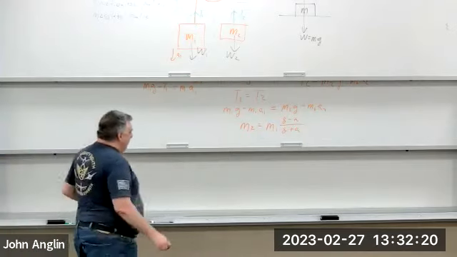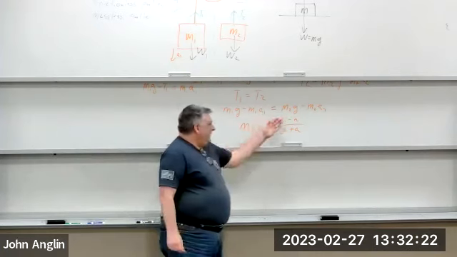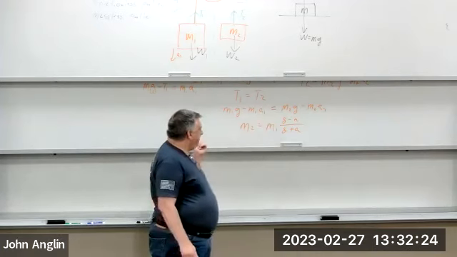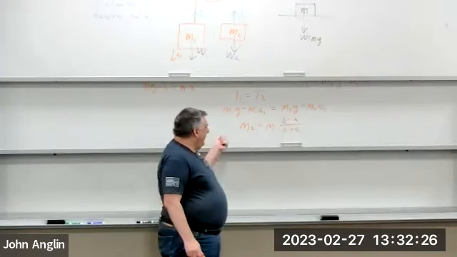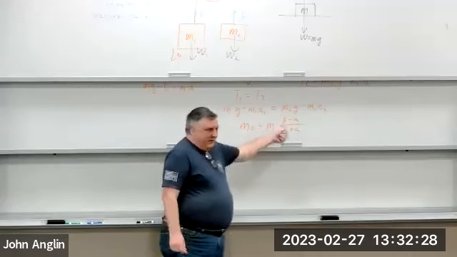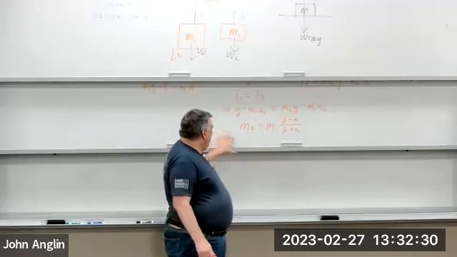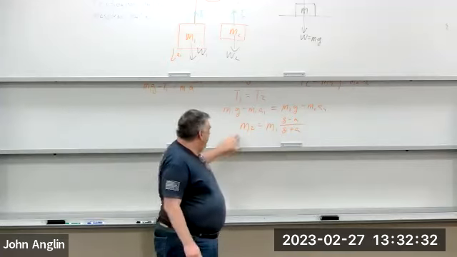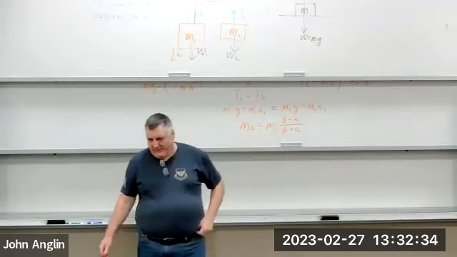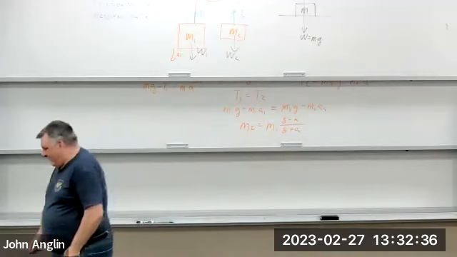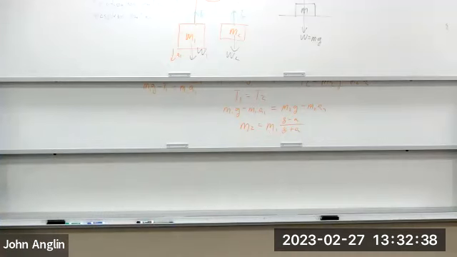So A1 and A2 end up being the same. And so because of that, again, do a little bit of algebra, and you come out with this equation that your M2 is that ratio. This is sometimes called the Atwood equation because it's an Atwood machine.